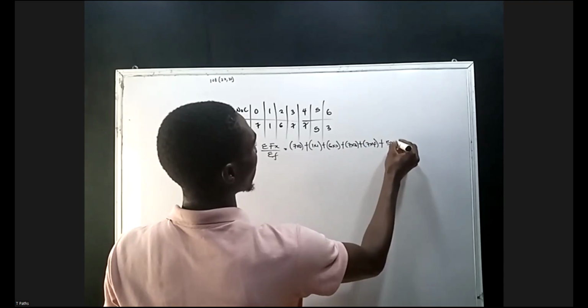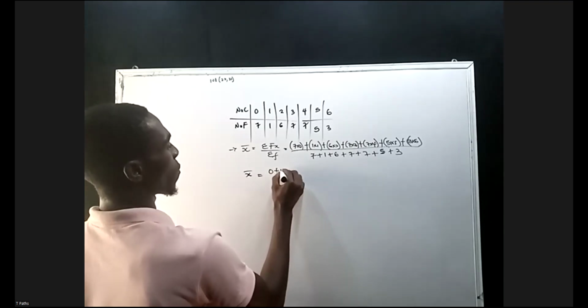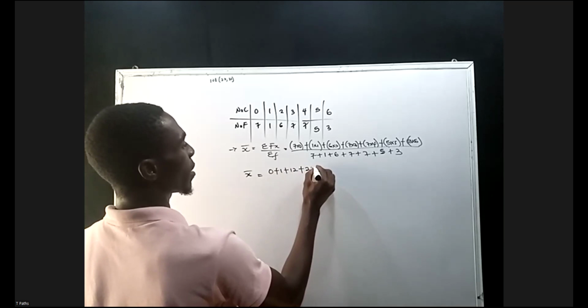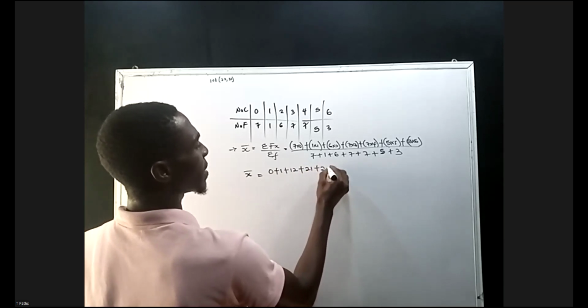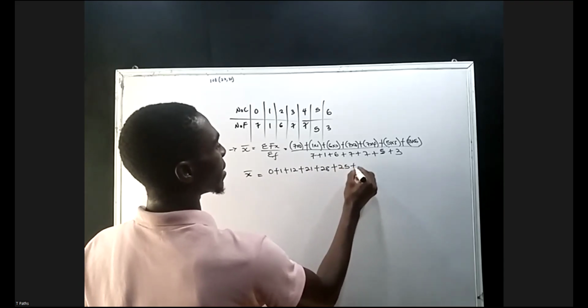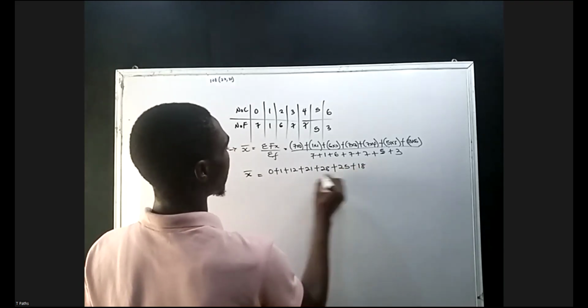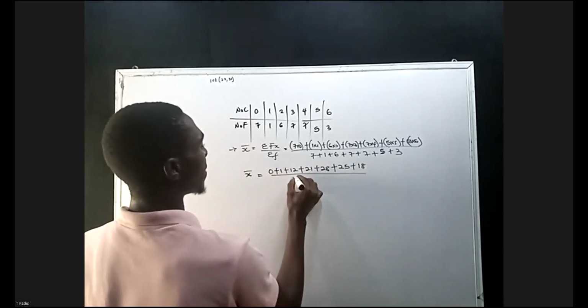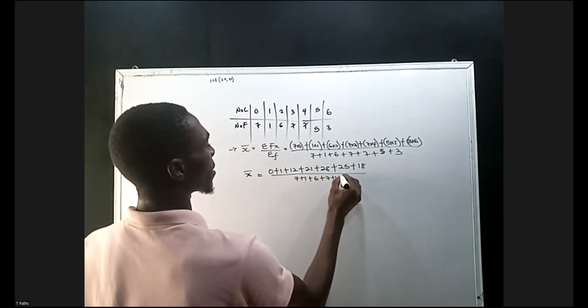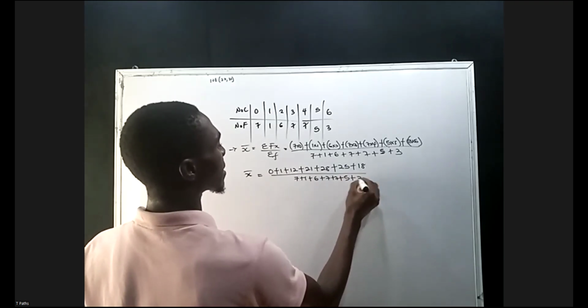Sum of all this: that's 0, 1, 12, 21, 28, 25, then 18. Divided by 7 plus 1 plus 6 plus 7 plus 7 plus 5 plus 3.